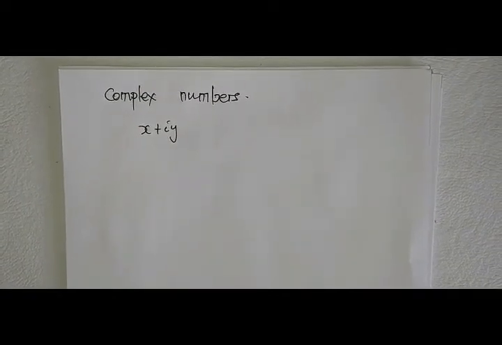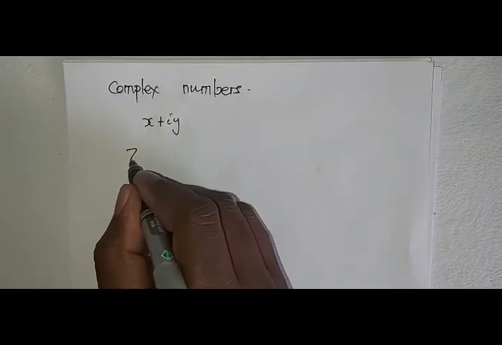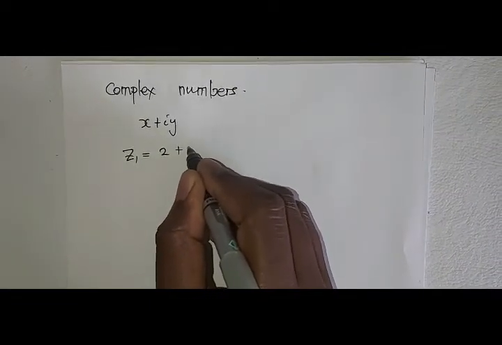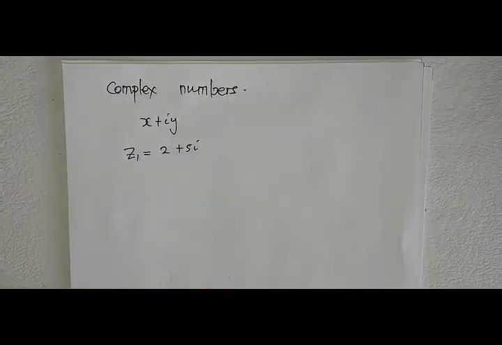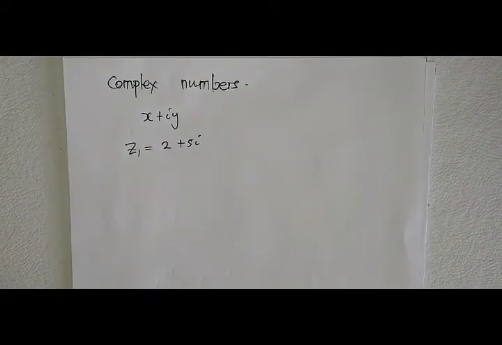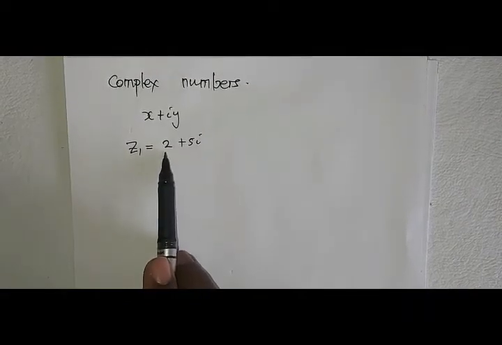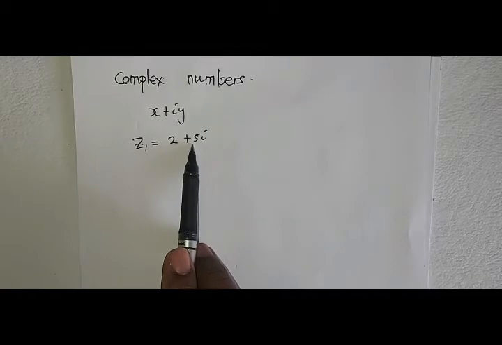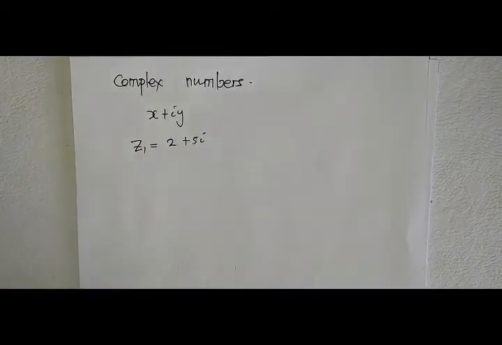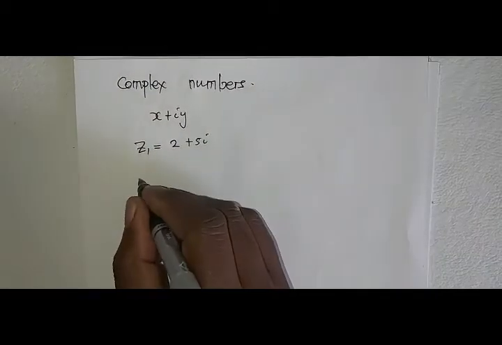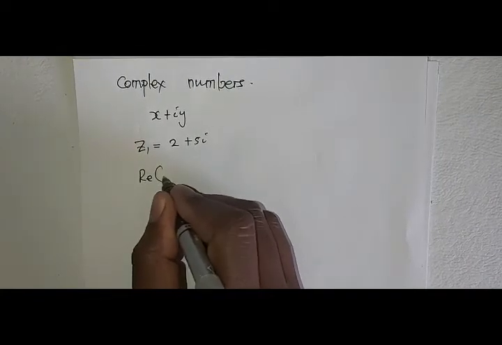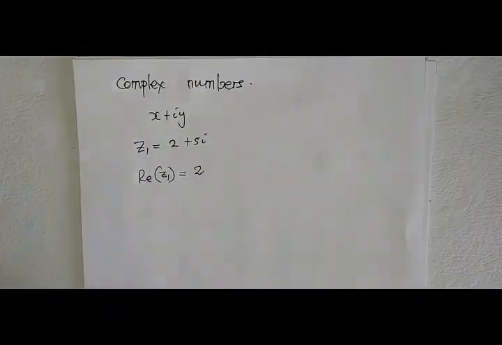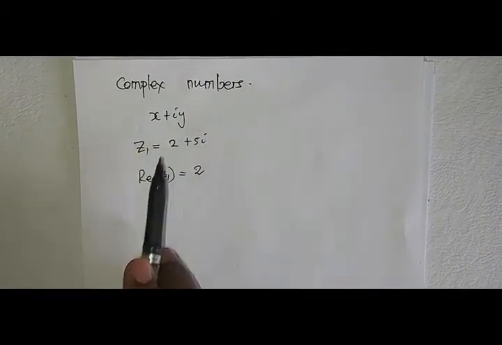For example, I can say that z1 is equal to 2 plus 5i. That's how we represent complex numbers, where 2 is the real part and 5 is the imaginary part. It means that if I say the real part of z1, it will be equal to 2, because 2 is the real part.